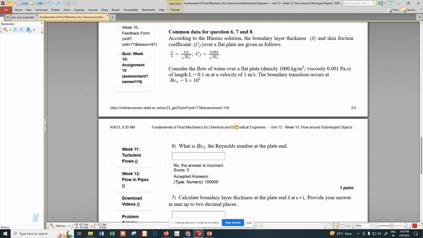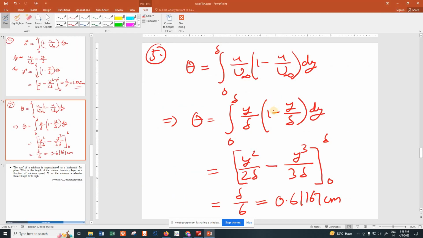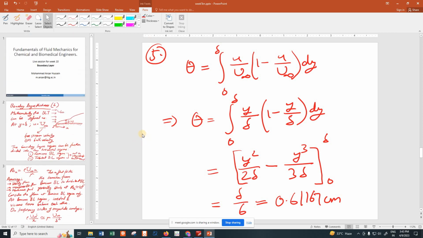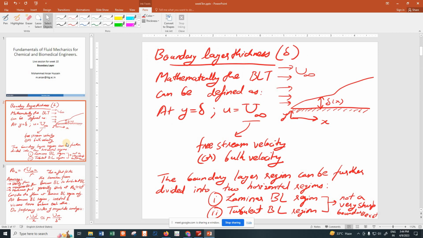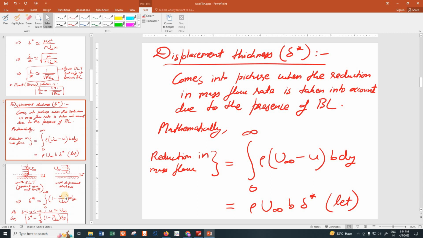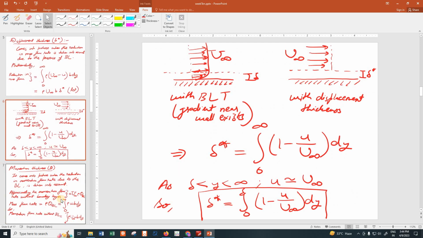So yeah, it is in the same range. So these two are actually not necessarily same.